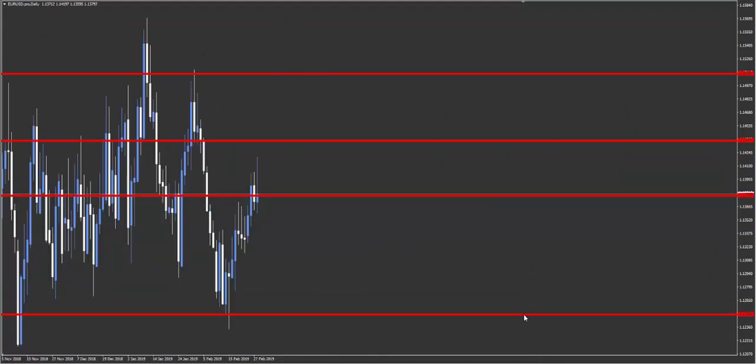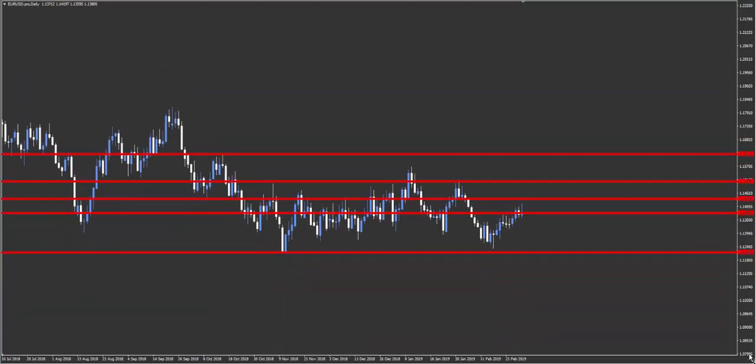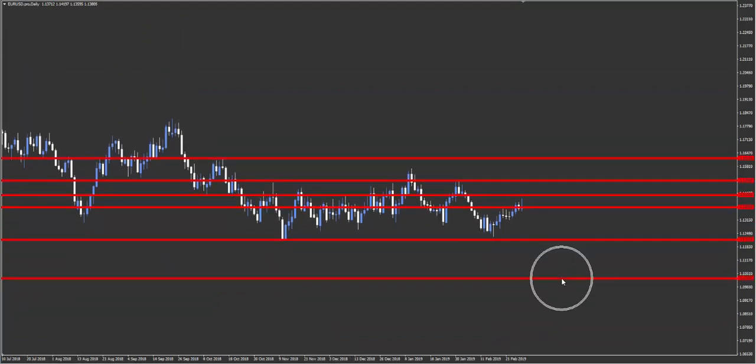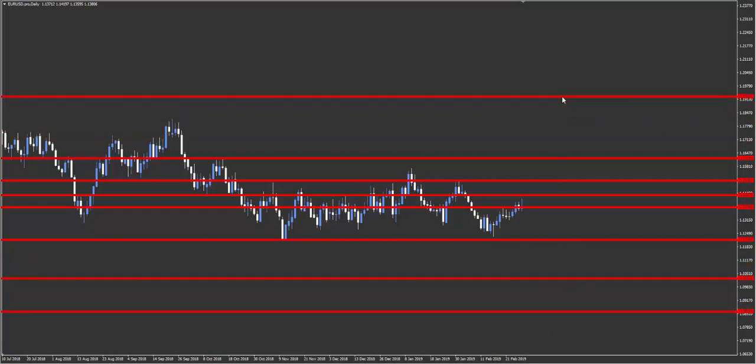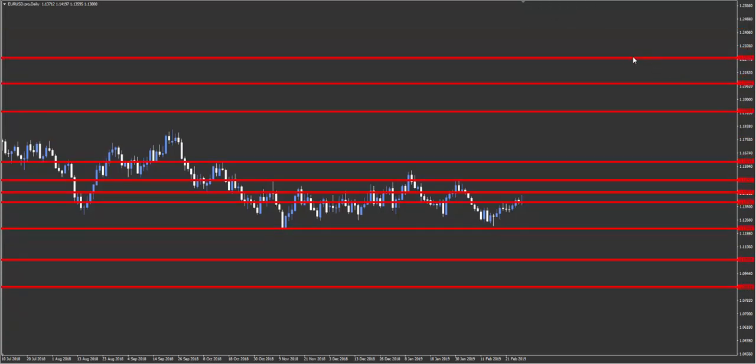Carry on placing random lines. I'll put that one there just because there's a level. Let's throw a few more on. I can't even see anything up here, but I'm putting random lines on a chart. This line here, completely random.